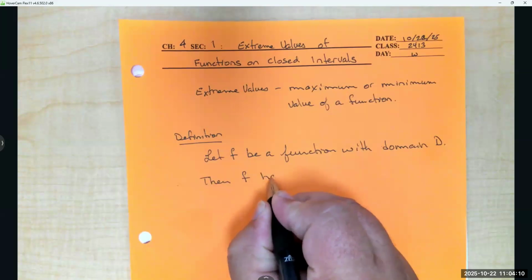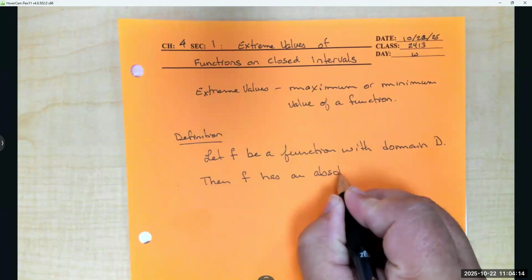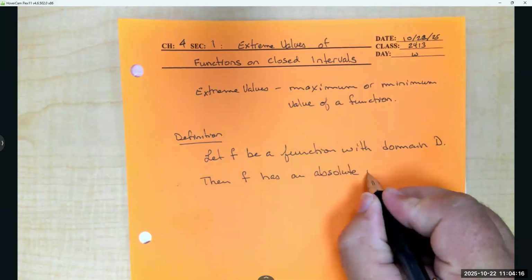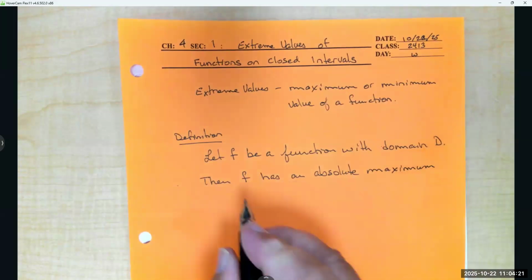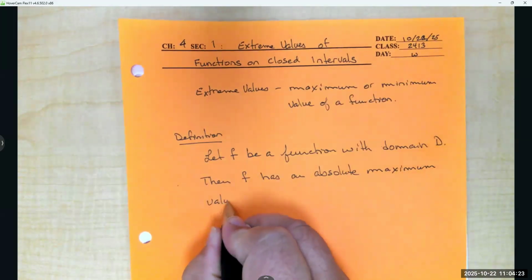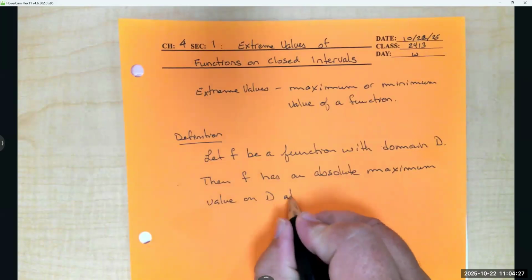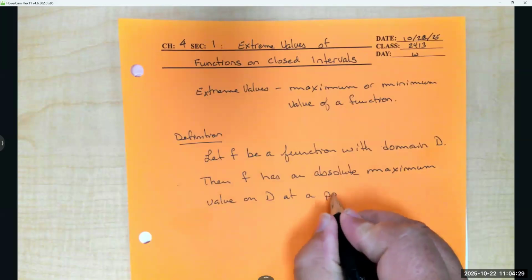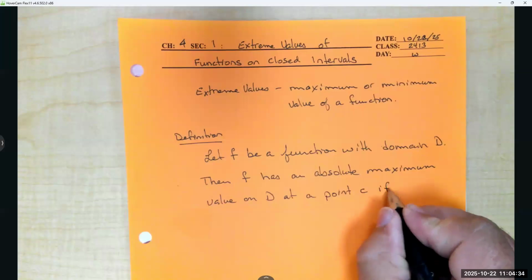Then f has an absolute maximum value on D at a point C if.